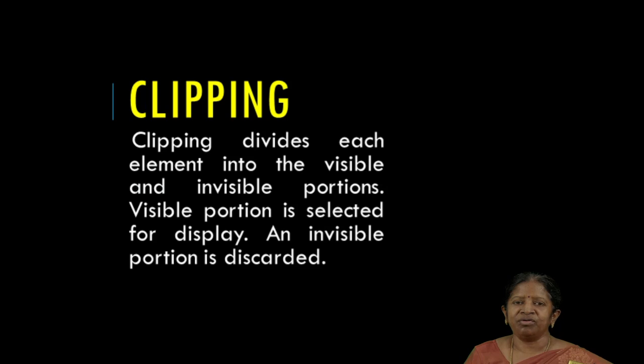Removal of the portions which are outside the display area is done by one process called clipping. The clipping divides each element in the world coordinate object into visible portion and invisible portion.